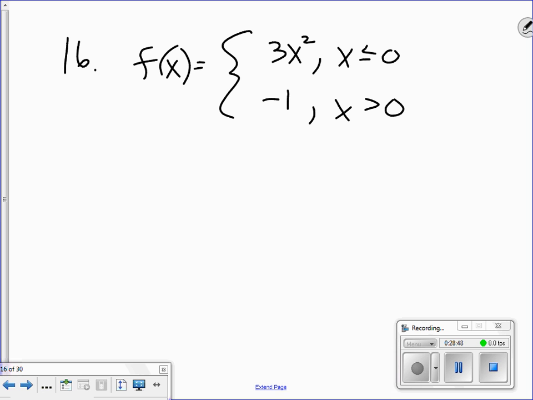And they want you to evaluate a definite integral from negative 1 to 5. Do we just pick the 3x squared or the negative 1 randomly and put it in for f of x? We can't say yes.